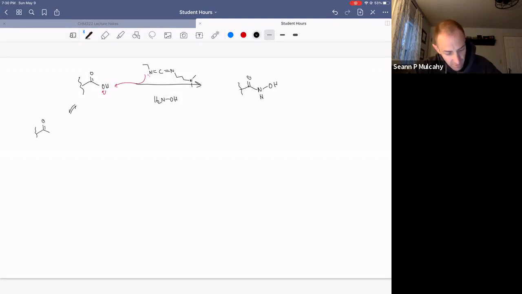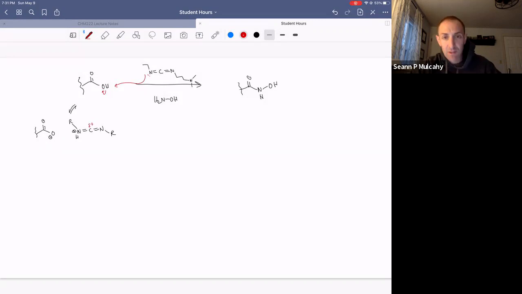So we've got this carboxylate, O minus, plus the carbodiimide is like this. And I'm just going to label this R and R so that we keep things a little bit simpler. So far, so good. This carbodiimide is rather electrophilic at the carbon atom.